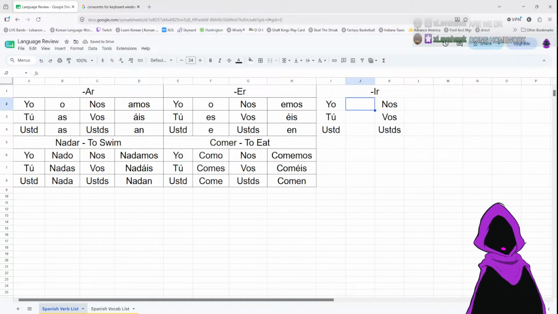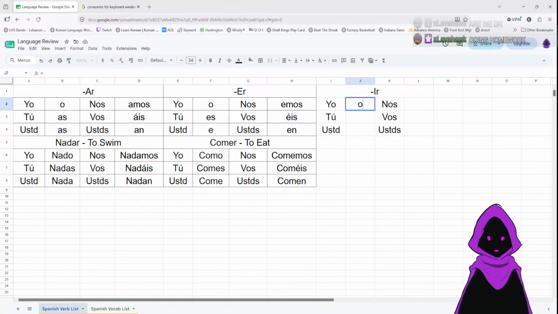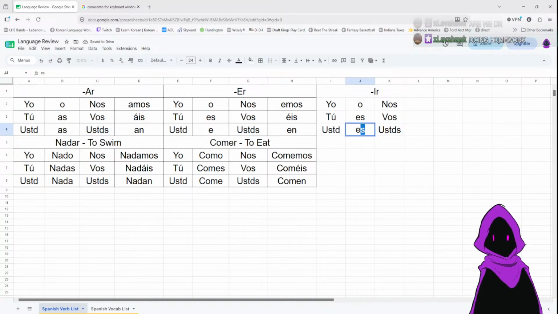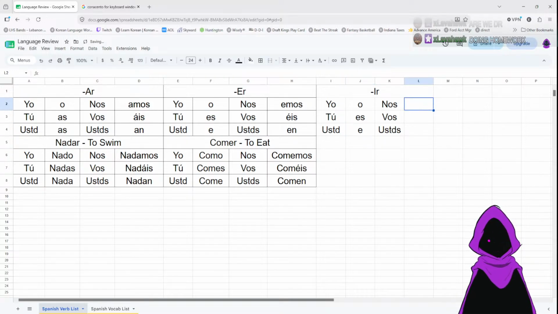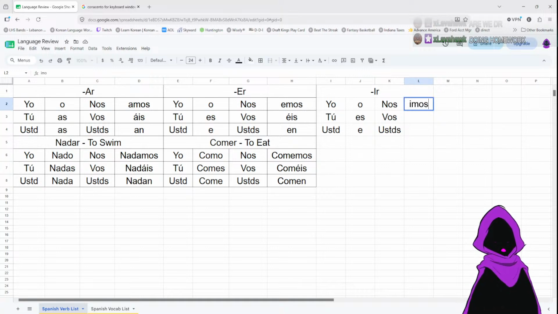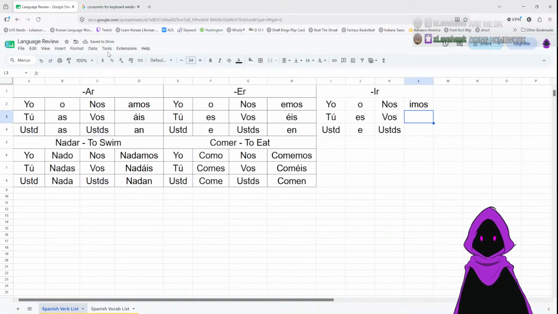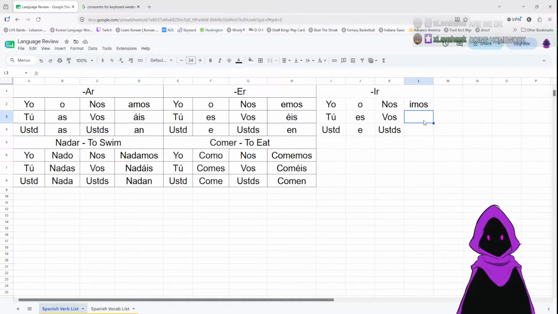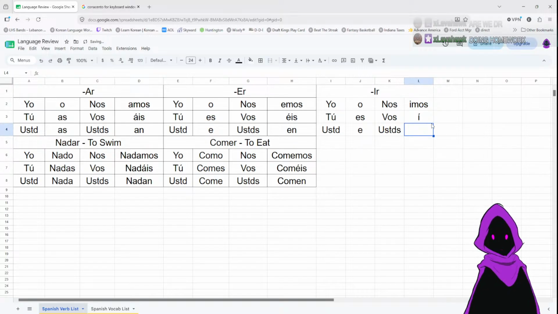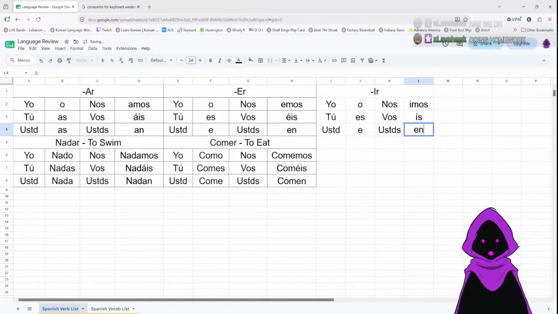So here is going to be O for I, S for you, A for he, she, them. Nos is going to be imos. We have is, and there's the accent, alt 161. There it is. And we have N for they.